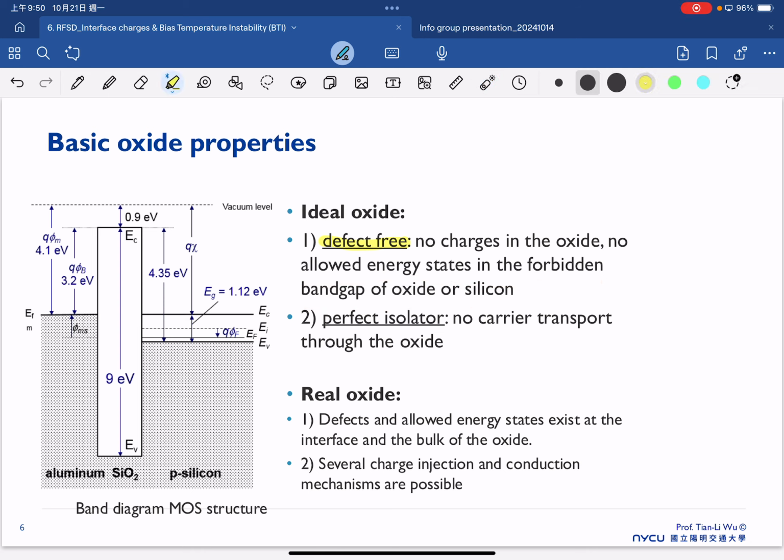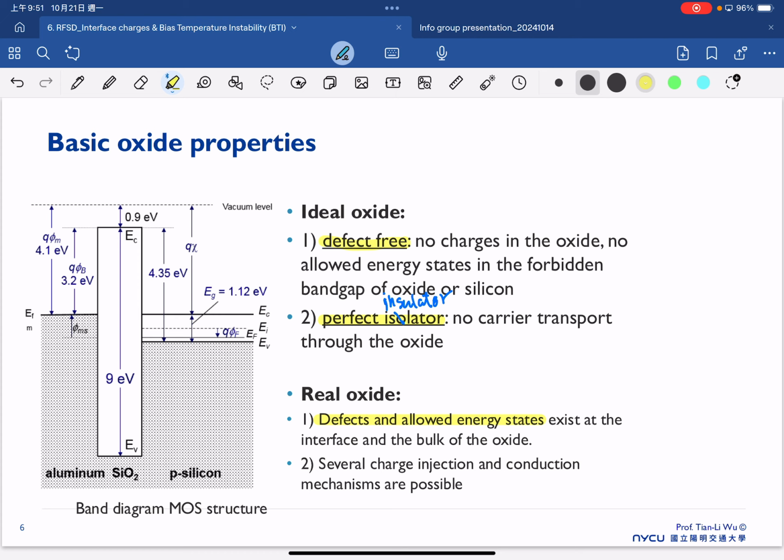Ideally, it's also a perfect insulator, so there's no carrier transport through the oxide. But in reality, we have a lot of defects and allowed energy states inside this oxide.